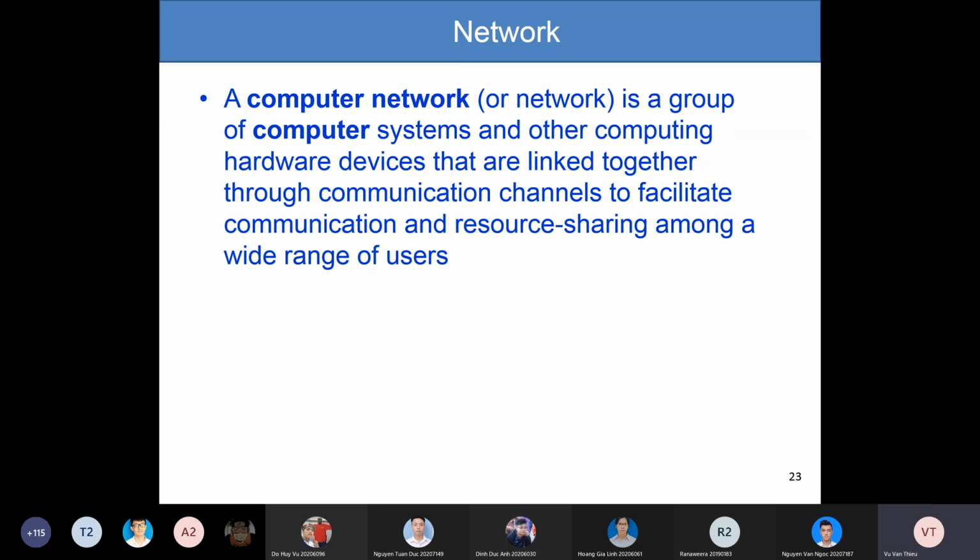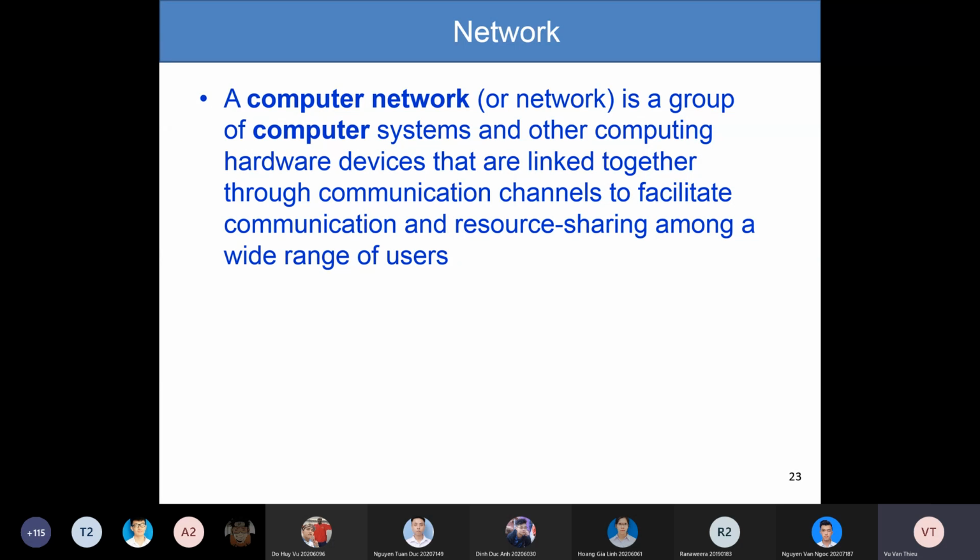Actually, I have two TVs, and I also have some smartphones and a camera. So all are connected together. That builds a computer network.